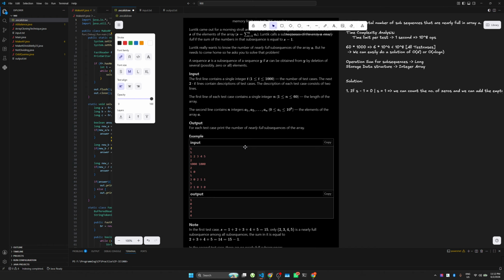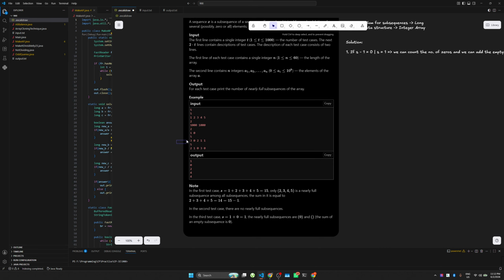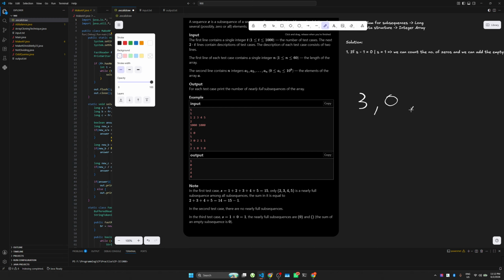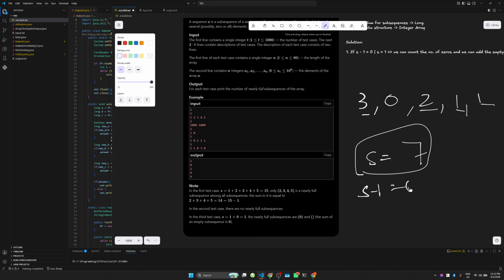What are the other things that we can see? Let's take this one because for these it's not given, so we'll have to think those through. 3, 0, 2, 1, 1. What is our S here? So 3 plus 2 is 5, 6, 7. 7 is our sum. S minus 1 is 6, correct?